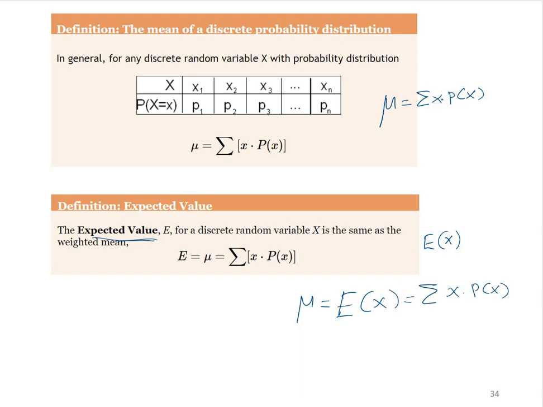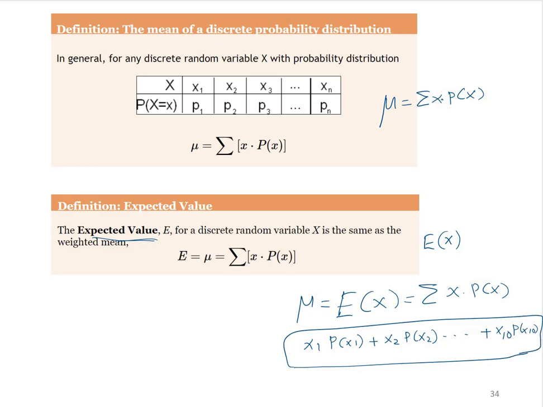Sigma x p of x means x1 times the probability p of x1 plus x2 times the probability of x2, and so on. The last one, suppose we have 10, is x10 into p of x10, and that will give you the mean value for the random variable.